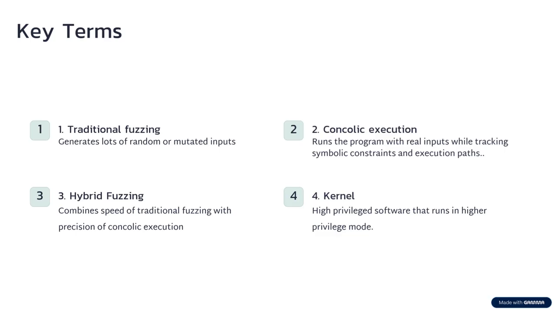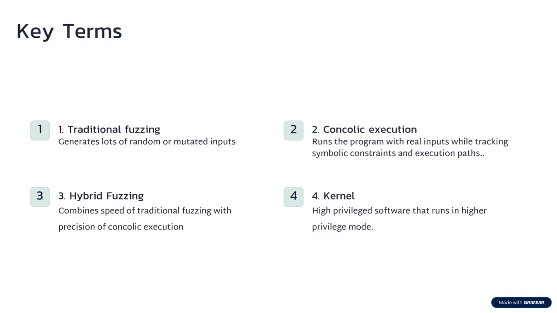When it encounters a branch it can't get past, that's where symbolic execution kicks in and is used to generate inputs that could satisfy those difficult constraints or conditions. This balance improves both coverage and efficiency. Later in the presentation, we're going to discuss how this is used when testing and finding vulnerabilities in the Linux kernel.